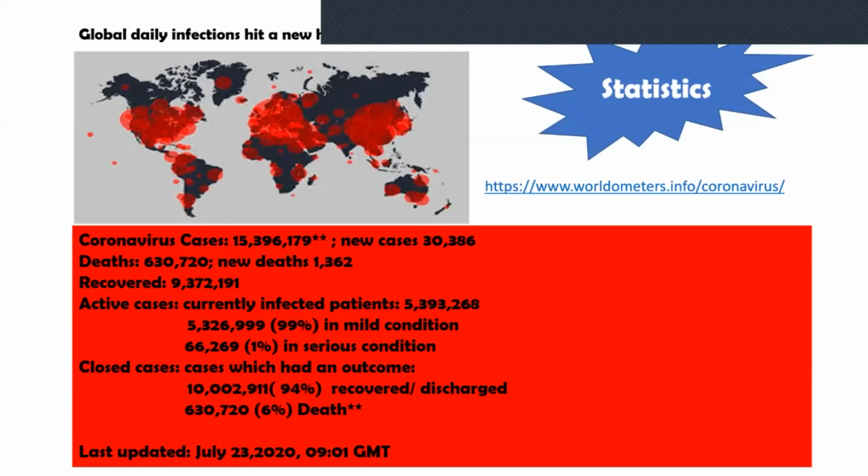Also there are closed cases. Around 10 million recovered, and more than 600,000 deaths, which is a very serious crisis for our world.